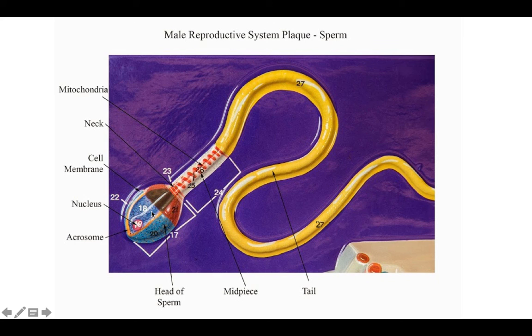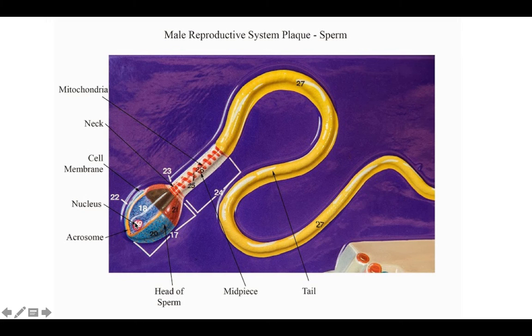The head of the sperm cell is going to contain the haploid genetic information that's needed to fuse with the genetic information from the ovum to create a complete set of genetic material for a new individual.